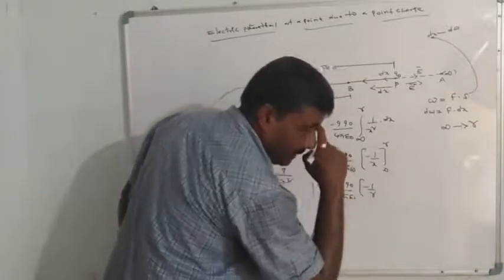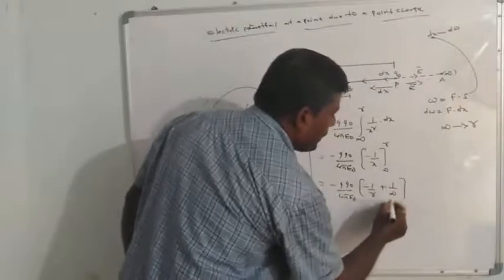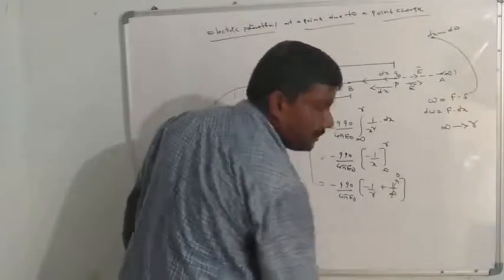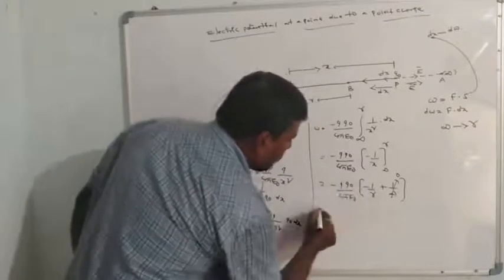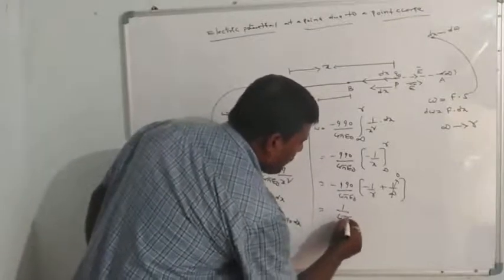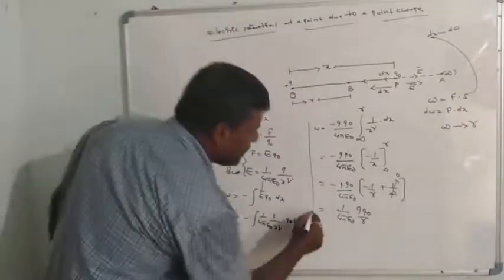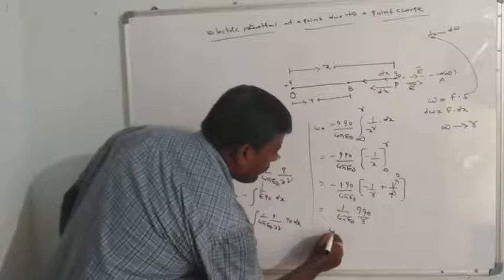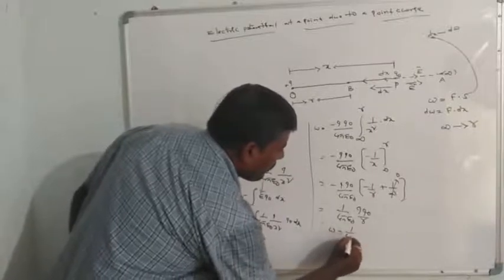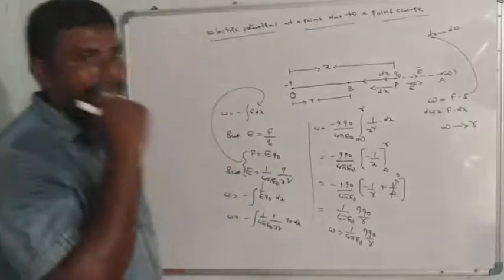Upper limit minus lower limit: minus 1 by r minus of minus 1 by infinity. 1 by infinity is 0, and minus into minus gives plus. So the work done is 1 by 4 pi epsilon naught q naught by r.